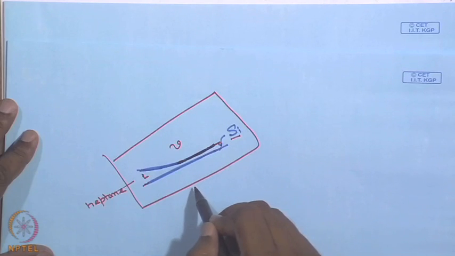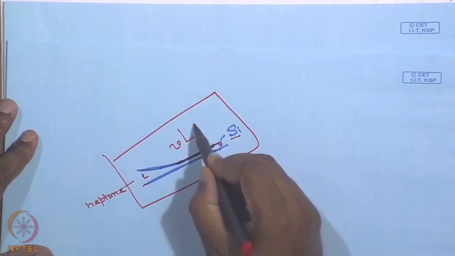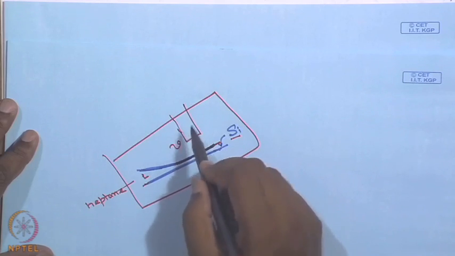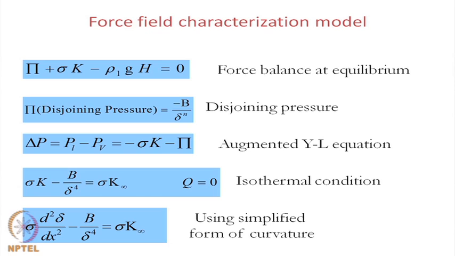We are measuring the liquid film using optical methods. We will talk about the optical method later, but if you look at the first equation, it is the force balance at equilibrium, which simply says that if everything is at equilibrium, that means the pressure is the same everywhere.